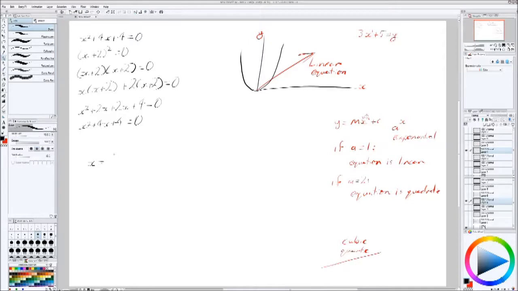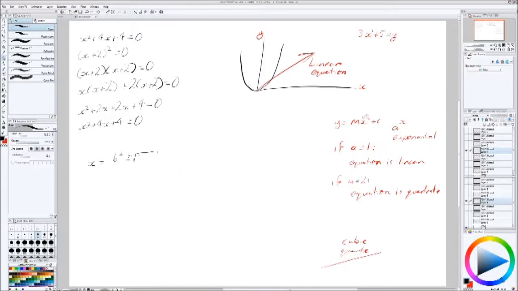and I believe it is, it's been a while. Yes, b squared plus minus the square root.